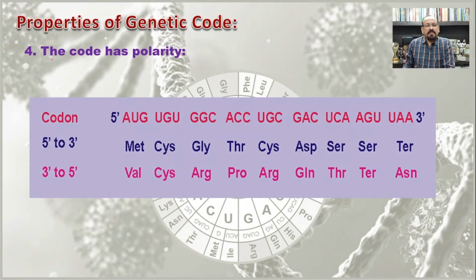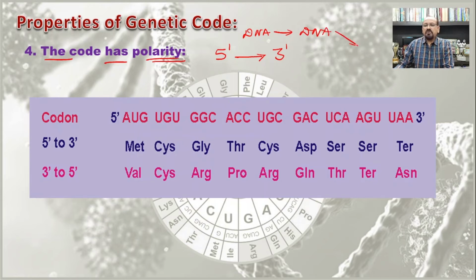The fourth property, that is, the code has polarity, which means it is read in a particular direction. As we know, replication or duplication is carried out in 5' to 3' direction, that is the formation of DNA from DNA.